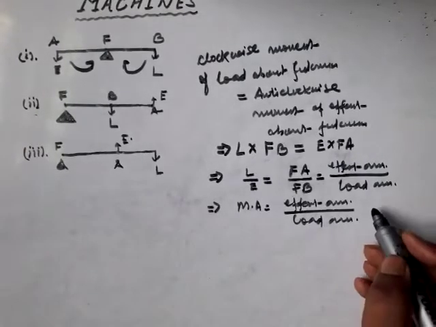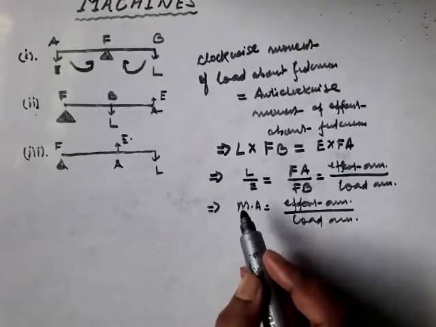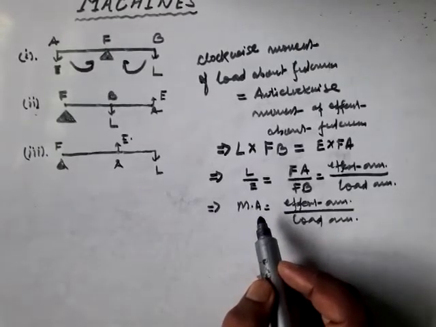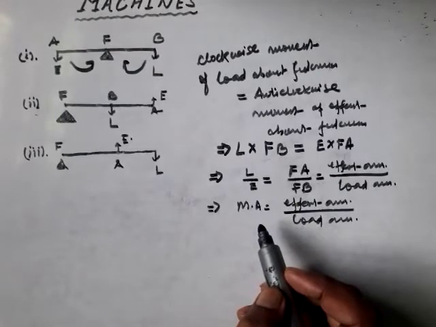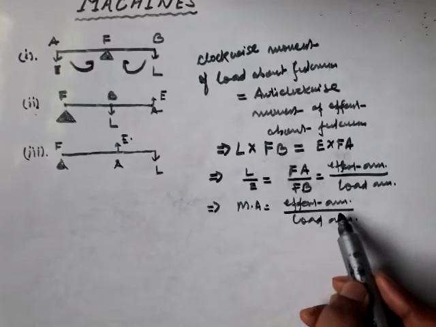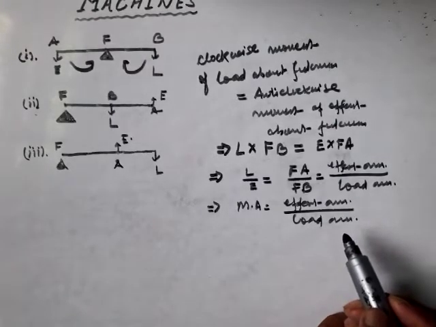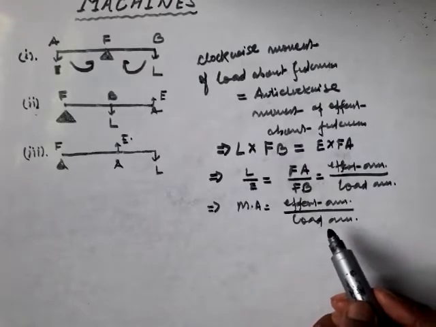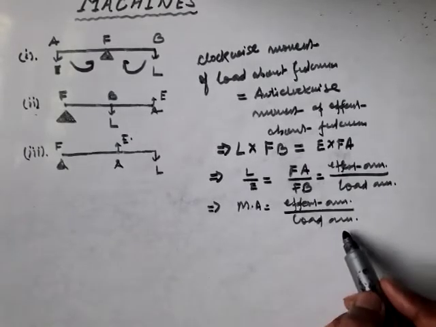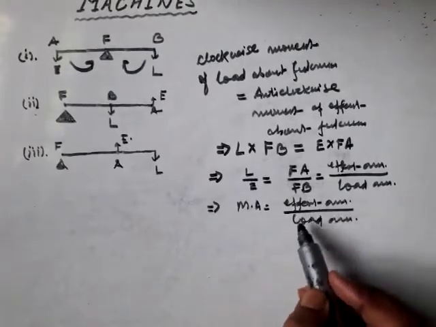This is also called the law of lever. So the mechanical advantage of a lever is equal to the ratio of the length of its effort arm to the length of the load arm. This is the mechanical advantage, and this is what we call the law of lever.